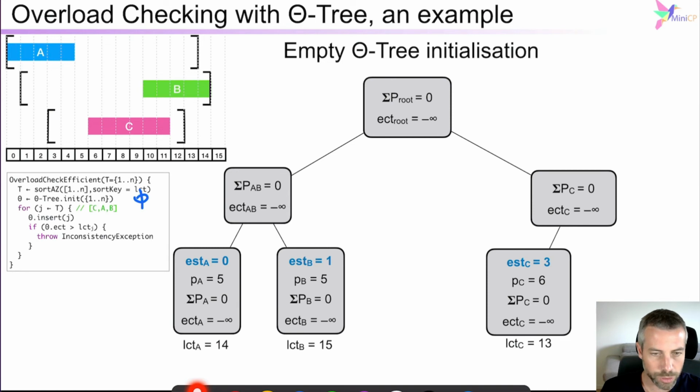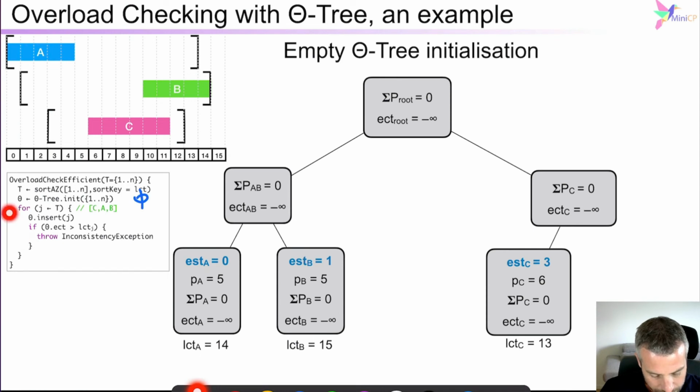And this is the way it works with theta trees, for which the last layer is not a power of 2. So initially the theta tree is empty, so you have a processing time of 0 and earliest completion time -infinity everywhere. Okay, and so obviously the earliest completion time at the root node is also -infinity, and the sum of processing time is 0.